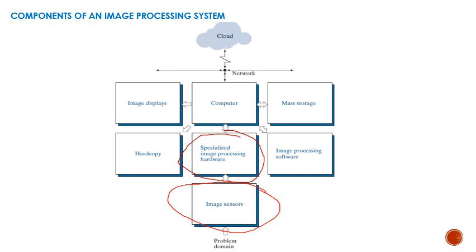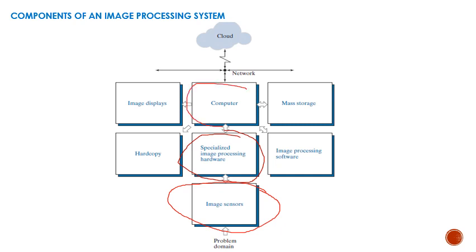This type of hardware is sometimes known as the front end subsystem. Its distinguishing characteristic is its speed. This unit, for example the ALU, performs functions that require fast data throughputs that the typical main computer cannot handle.